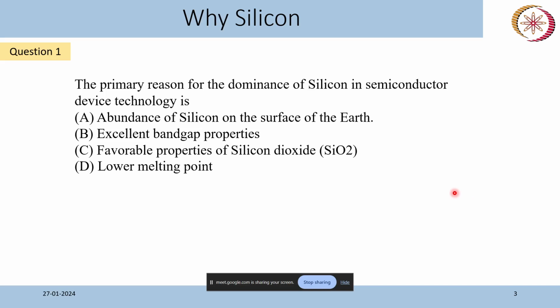Option C, ma'am. Option C. Okay, favorable properties of silicon dioxide. Why you are selecting that? Can you please explain a little bit more? Your option is correct.